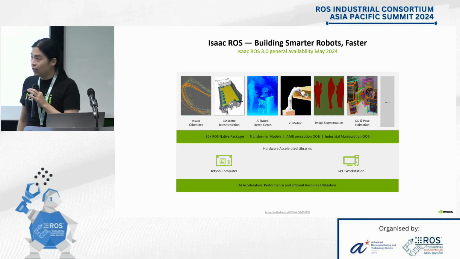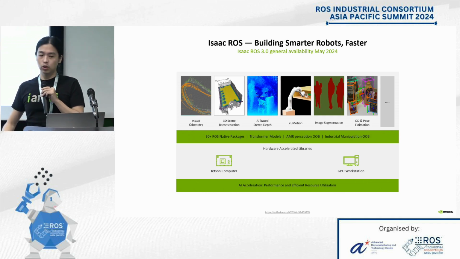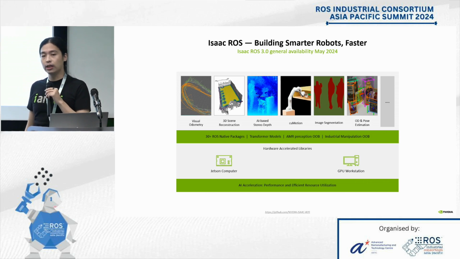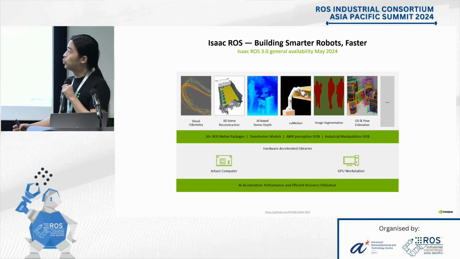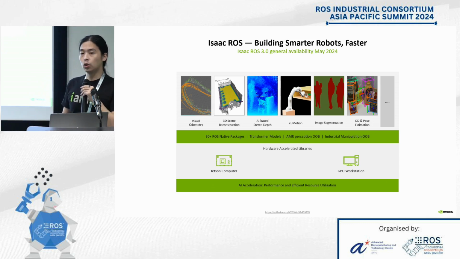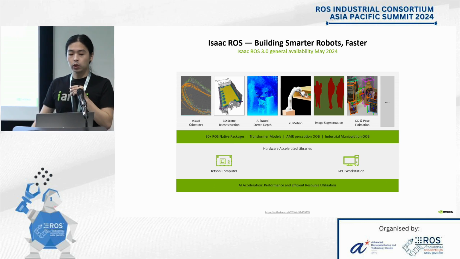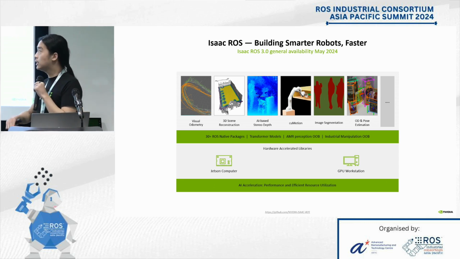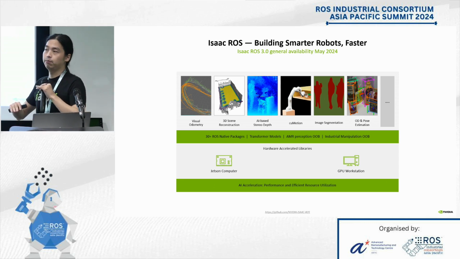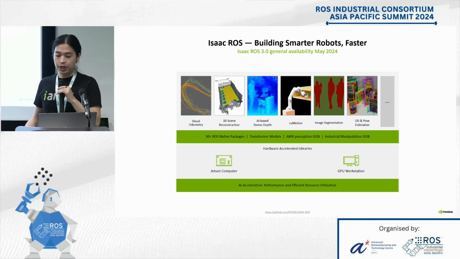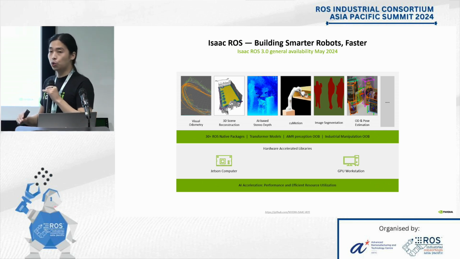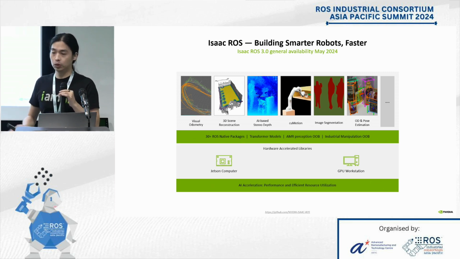And today is ROS. So let's talk a little bit about how you can integrate with ROS. First, we have announced Isaac ROS, and now it's already version 3.0. Isaac ROS is a framework, a set of packages, what we call gems, with hardware acceleration that is deeply integrated with the ROS 2 ecosystem.